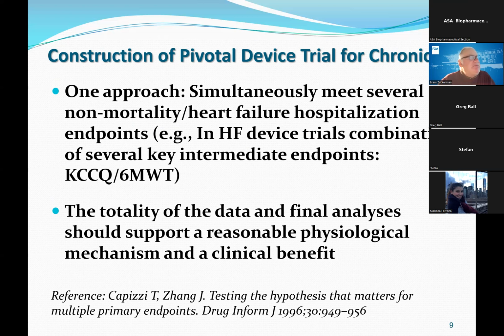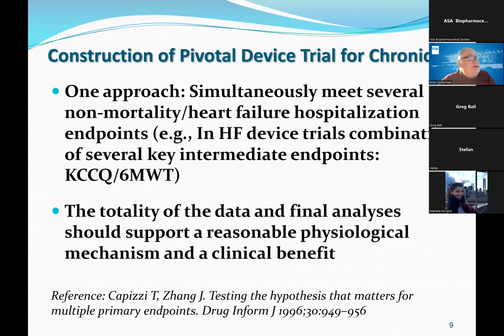This could be 6-minute walk time, a measure of exercise, KCCQ, or what's known as the Kansas City Cardiomyopathy Questionnaire, which is a good marker of how the patient may be improving in terms of their symptomatology of heart failure. And then often a third endpoint, such as a biomarker called BNP, or brain natriuretic peptide, which allows us to again see that the heart failure is improving.